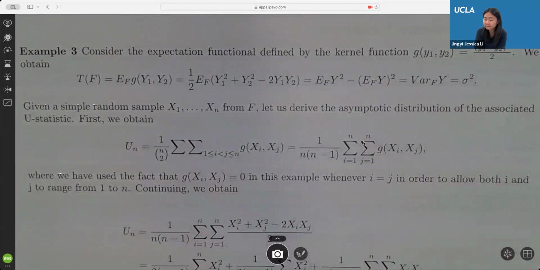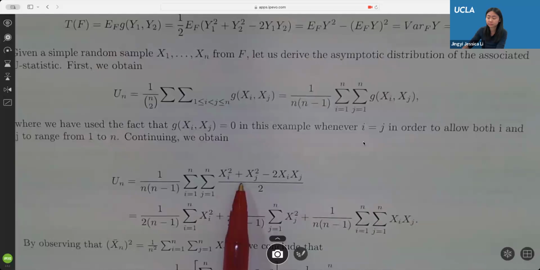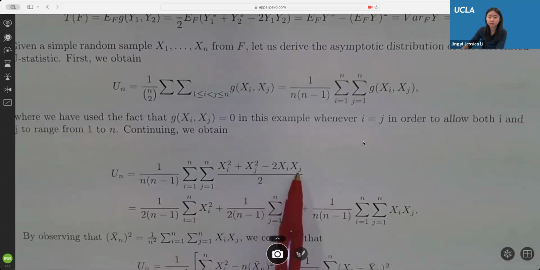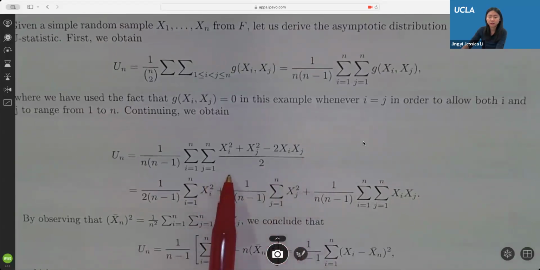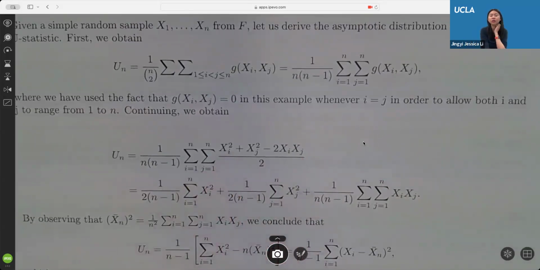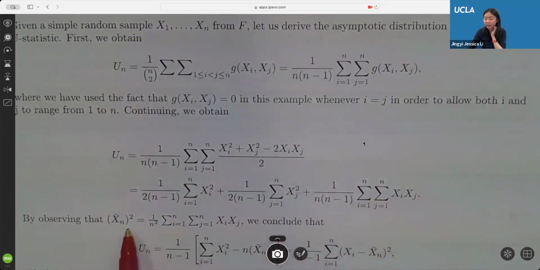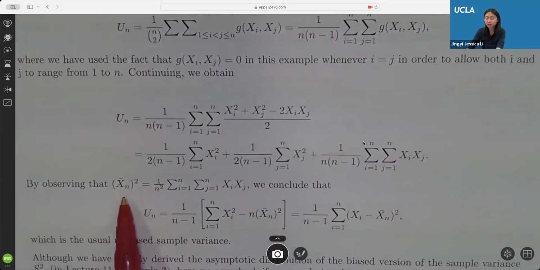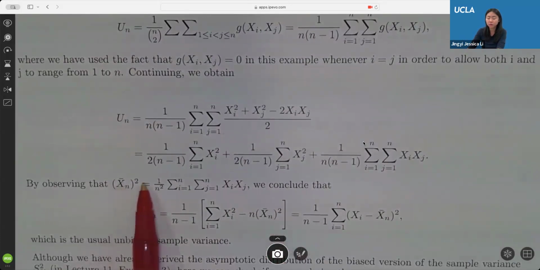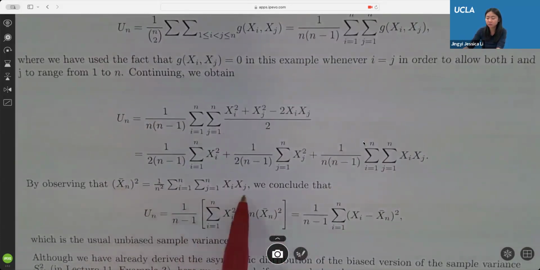Then in this case, we use the g function, and we get a U statistic. We just sum over i and j as two non-identical pairs, and then we expand it. We also use the fact that for x bar squared, if you put in the average formula, it turns out to be this.